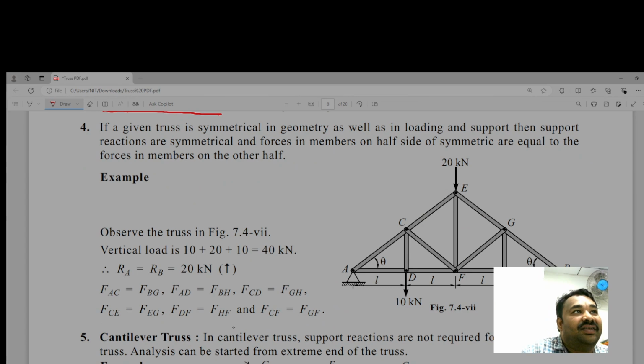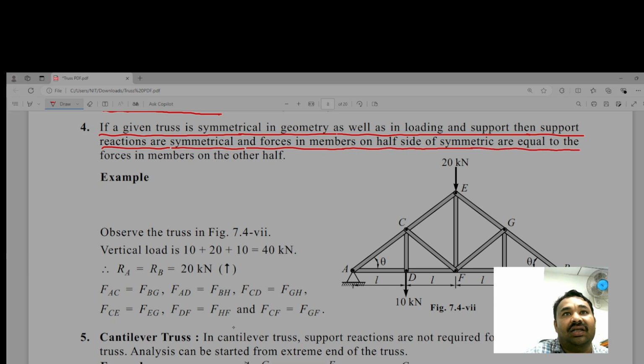So in special cases, the fourth point, a very important point: if a given truss is symmetrical in geometry as well as in loading and support, then support reactions are symmetrical and forces in members on one half side of the axis of symmetry are equal to the forces in members on the other half.